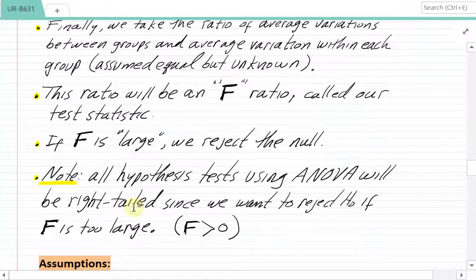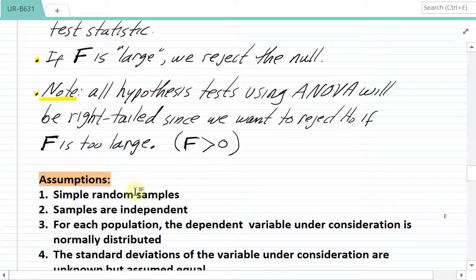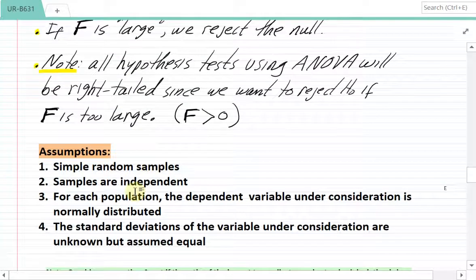Now, what are the assumptions for this? Not too bad. First and foremost, we have the simple random sample assumption. Let's say I have samples coming from four regions: north, east, south, west. Every one of those is going to be a simple random sample. Those samples have to be independent, right? They're not paired or dependent samples. That means what happens in one region has no effect on what happens in another region.